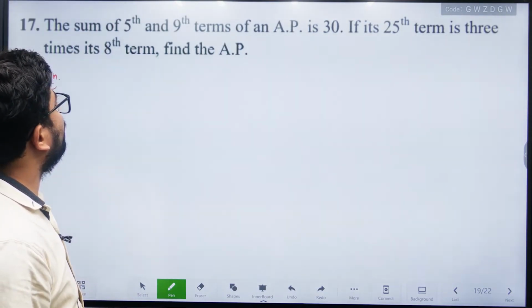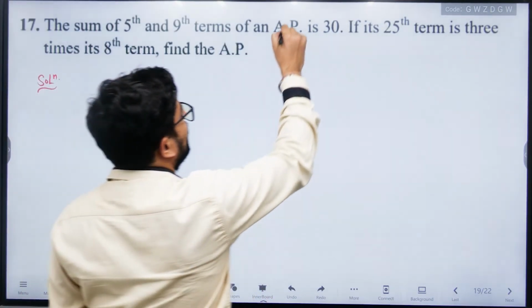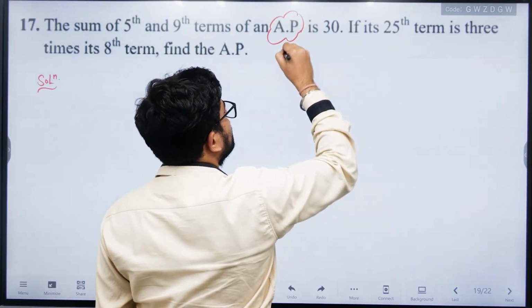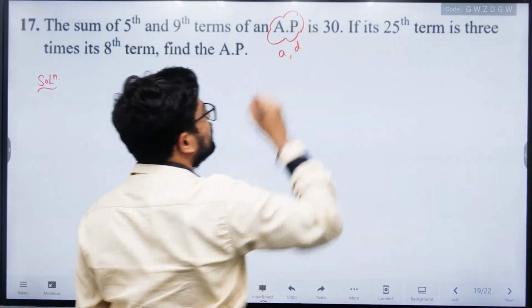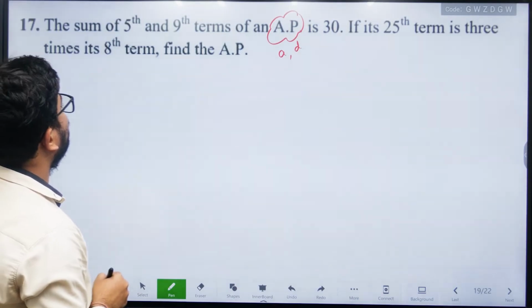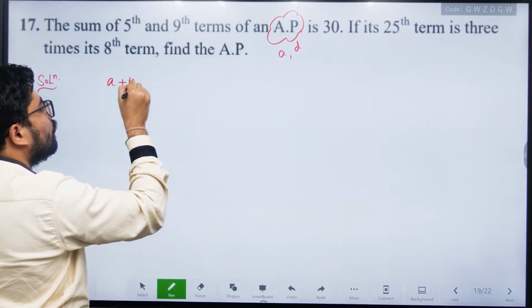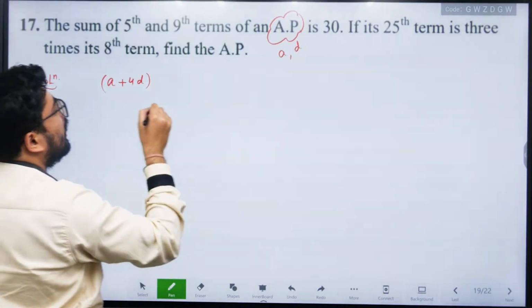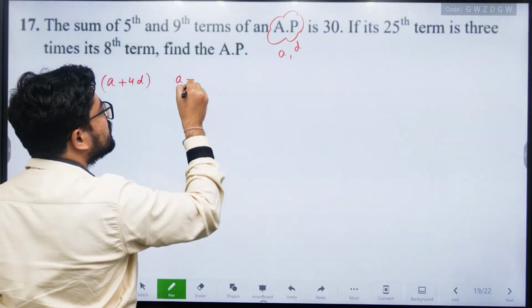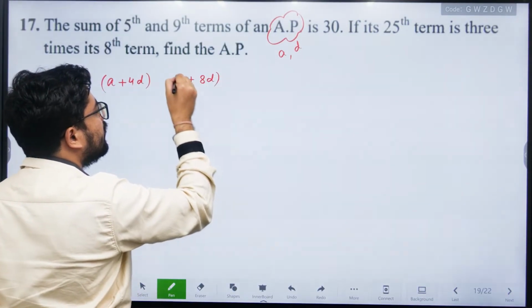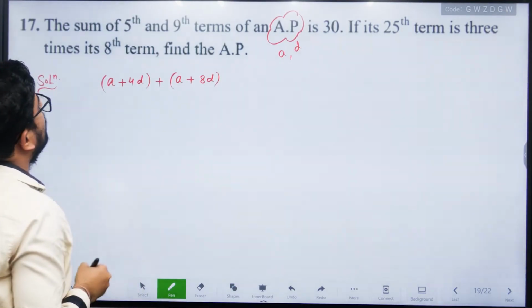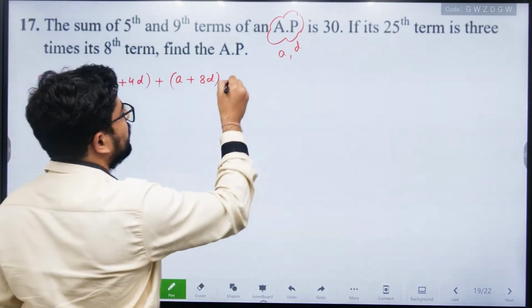The sum of the fifth and ninth term of an AP. Again, the first term is, let's say, A and the common difference is D. So the fifth term is A plus 4D and the ninth term is A plus 8D. The sum of these two terms is 30.